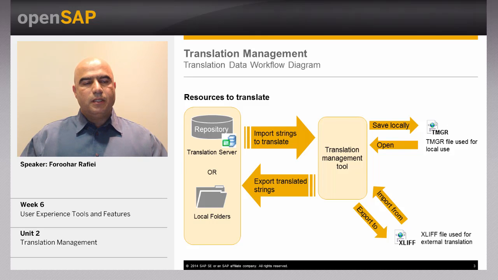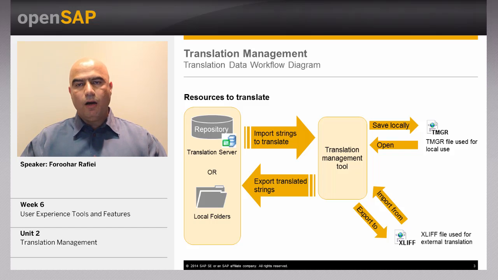This picture depicts the translation management tool's workflow pretty nicely. It shows that the resources to translate are either in the repository or on your local folders. To translate, you import these strings to the translation management tool, as you can see in the picture.